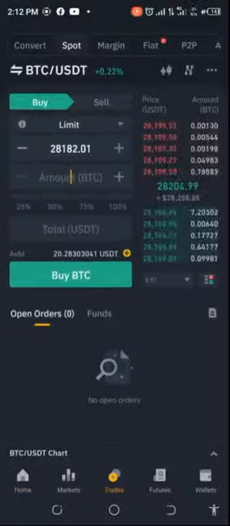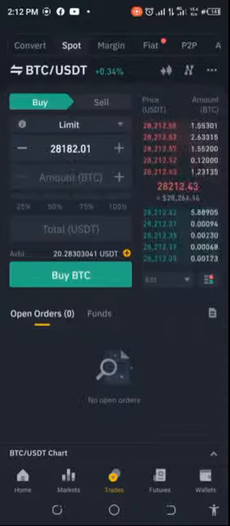Whenever you're doing a triangular arbitrage, always remember that you're going to be paying fees 3 times: in the first leg, in the second leg, and in the third leg. Remember, it's 0.1% each, so in the long run you're going to be paying 0.3%.